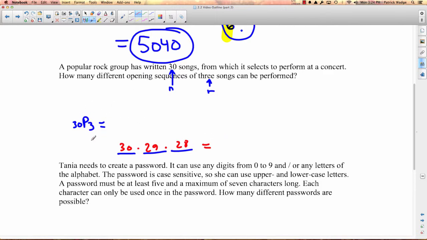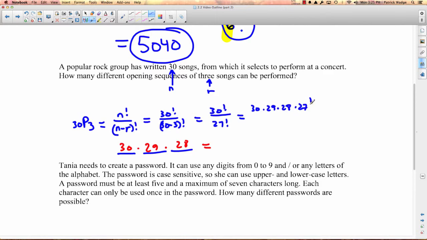But if you understand the formulas, then you would do this right there. And you know that the formula is n factorial over n minus r factorial. So that would be 30 factorial over 30 minus 3 factorial. Do you see how much longer this takes? So that's 30 factorial over 27 factorial. 30 factorial can be written as 30 times 29 times 28 times 27 factorial over 27 factorial.